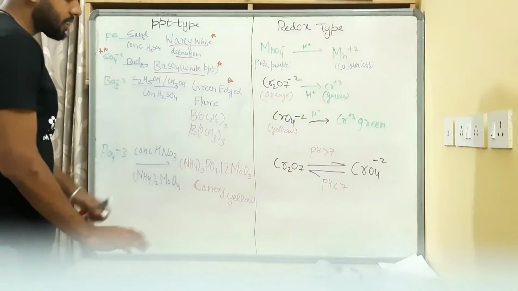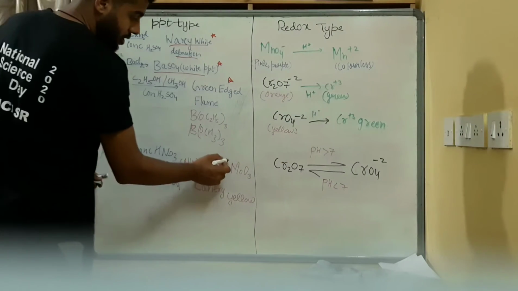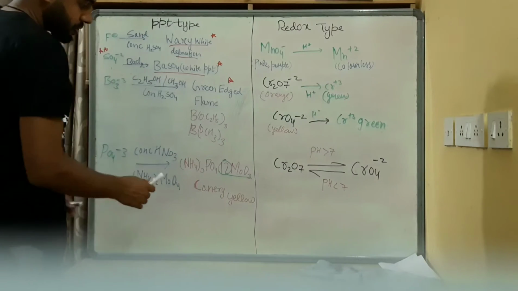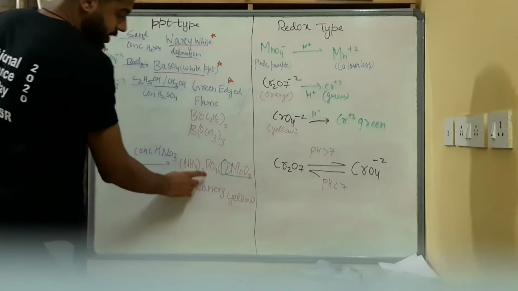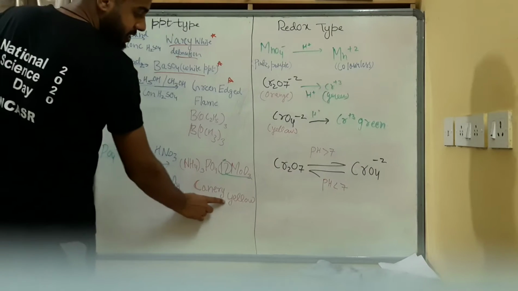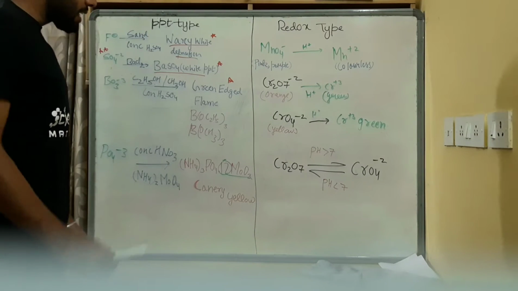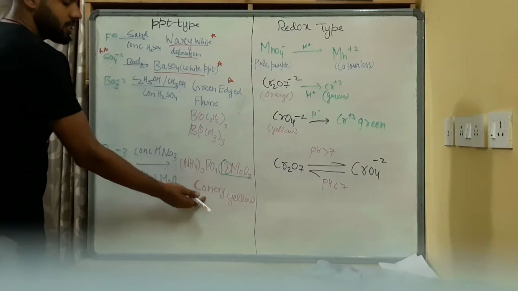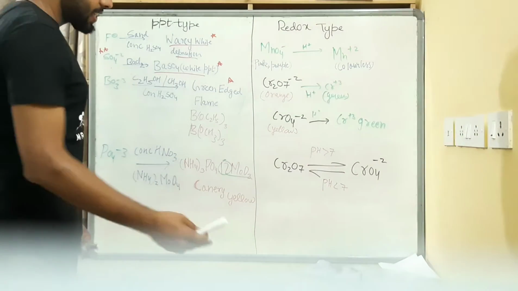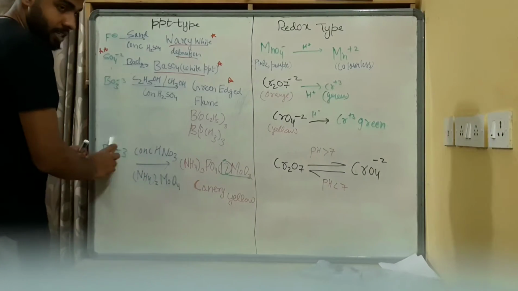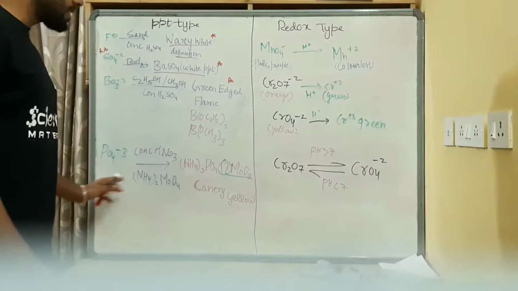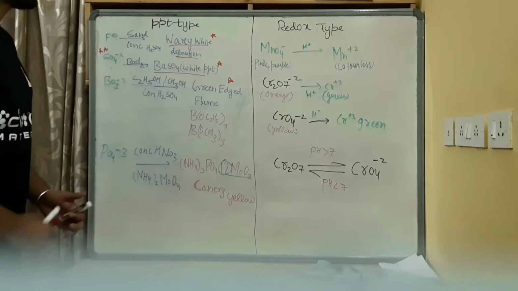You don't need to remember it much, just remember that there are 12 MoO3 in this compound. The color of this compound is canary yellow. In exams they will specifically tell you that the compound you yield is canary yellow. So it's a characteristic color of the phosphate test, and it will give you the inference that this could be due to the presence of phosphate ions.